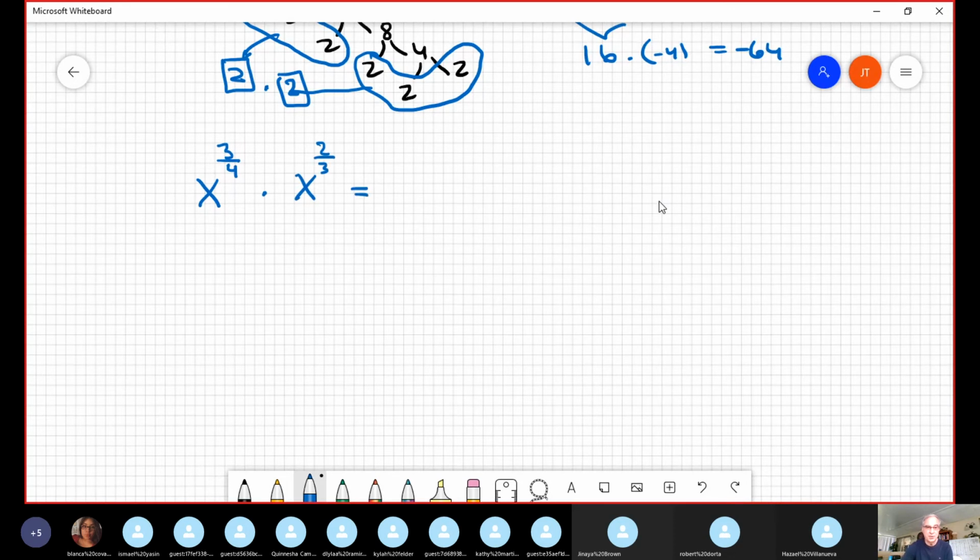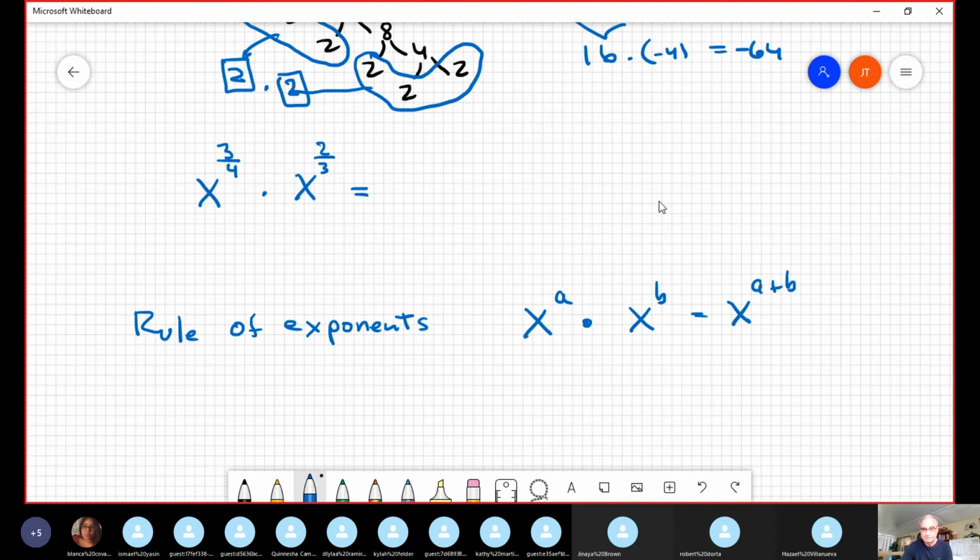Do you remember the rule of exponents? Suppose x to the a times x to the b. When you multiply, it's x to the a plus b: multiplication is addition. Division is subtraction.